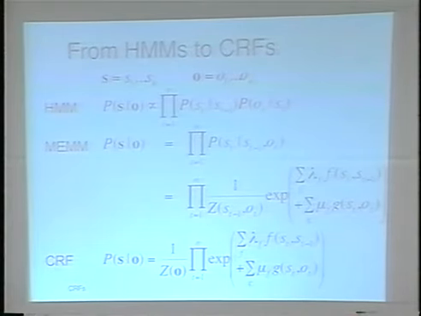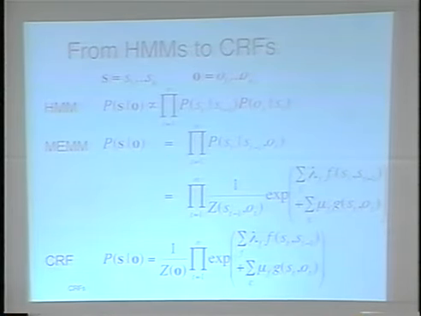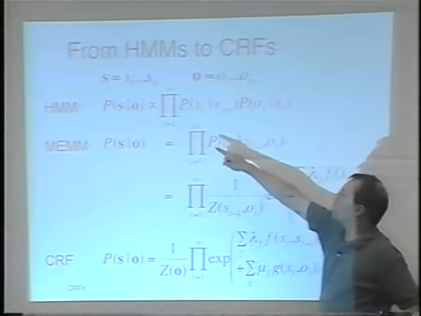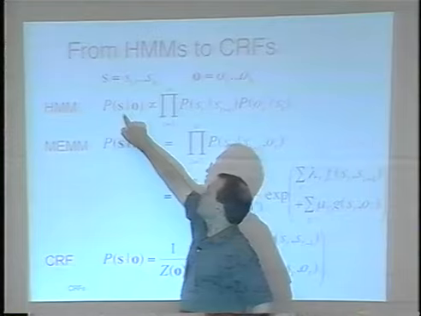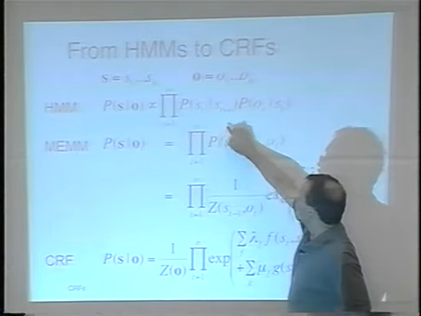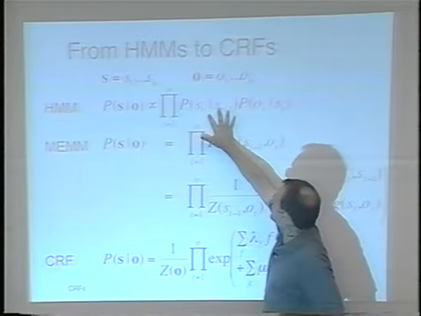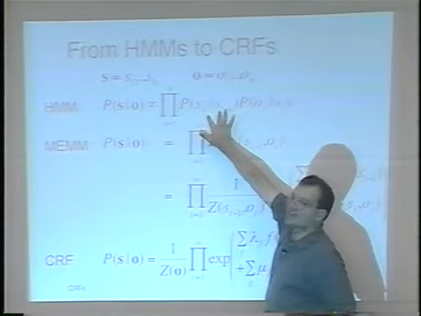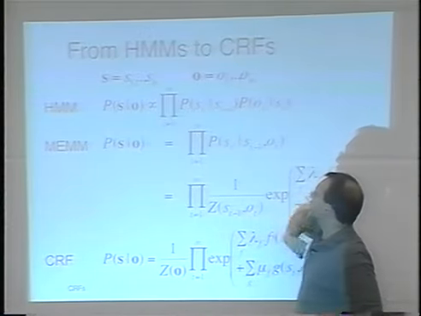So here's a dense slide, but actually it's a useful slide to think about. Think of an HMM originally. The probability of a state sequence given an observation sequence is proportional to a product of terms, some of which involve just states, and some that involve an observation in a state.